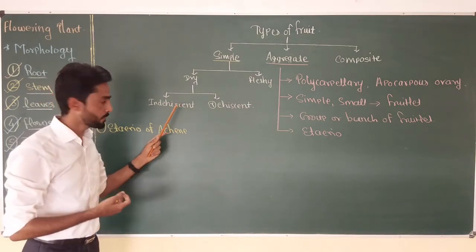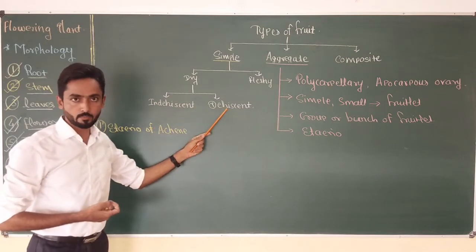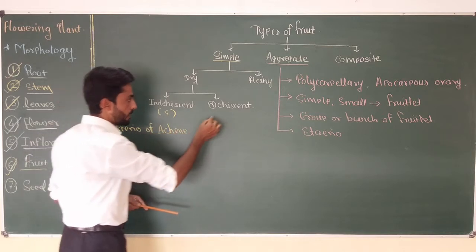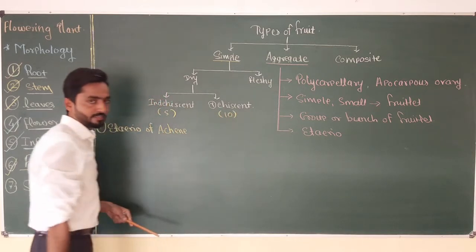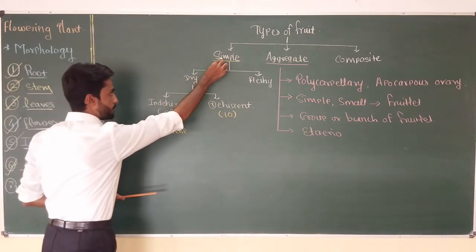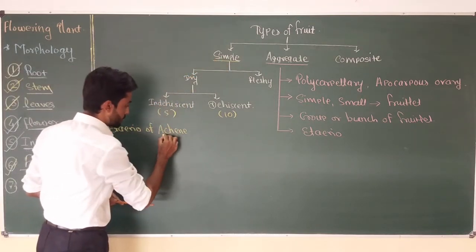This is the basic difference between indehiscent and dehiscent fruit. We have talked about 5 different types of indehiscent fruit and 10 different types of dehiscent fruit. Now achene is a type of simple dry indehiscent fruit.